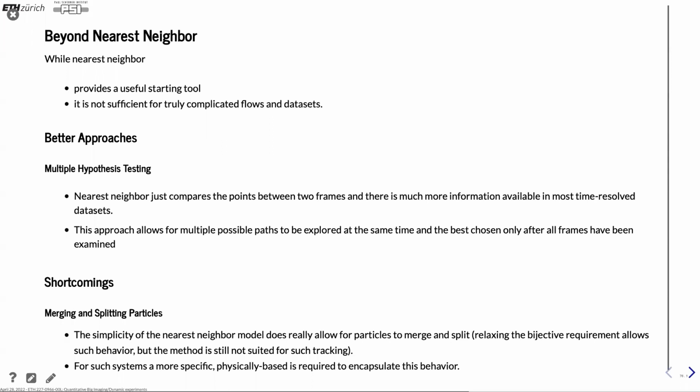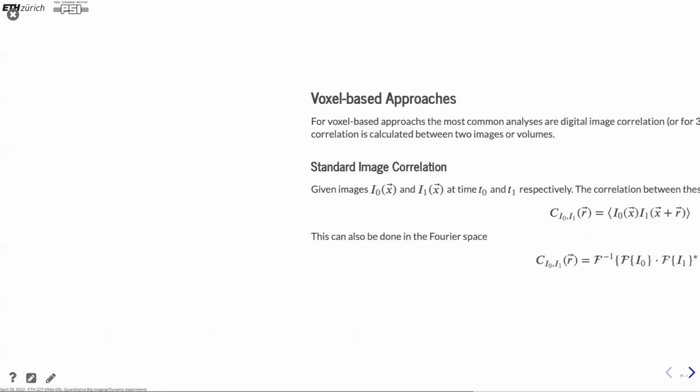With nearest neighbor, we have a good starting point, but we can also work with different hypothesis testing methods. And as I said before, we have some shortcomings with merging and splitting particles and appearing and disappearing objects. To solve it, one way is to look at the shapes, and the other way is looking at what the physical requirements are for the objects to be identified.